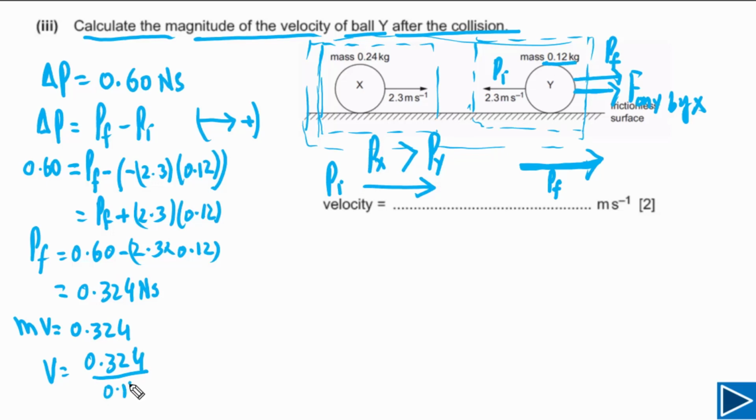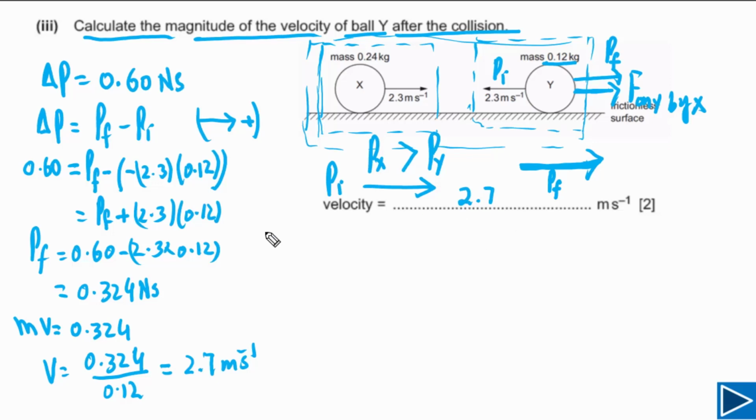The final answer is 2.7 meters per second, meaning ball Y will go to the right with this velocity, and this is the magnitude of that velocity. So our final answer has to be 2.7 meters per second.